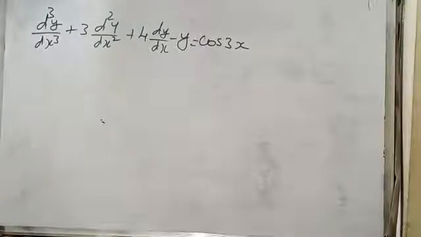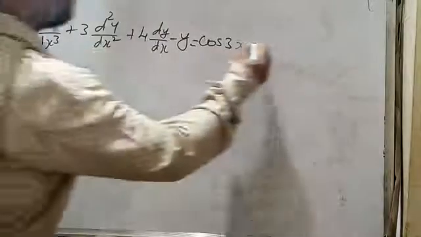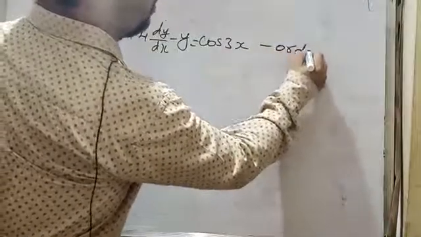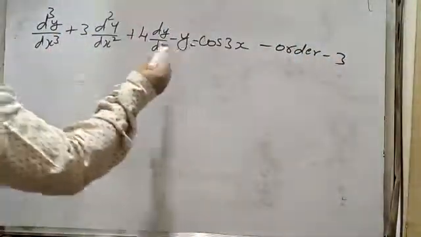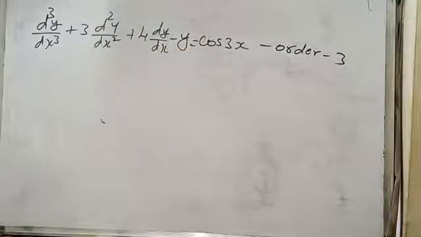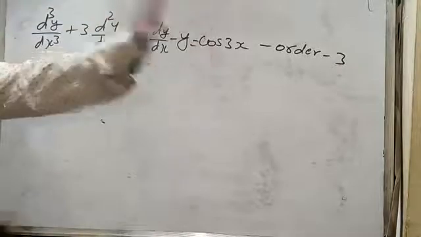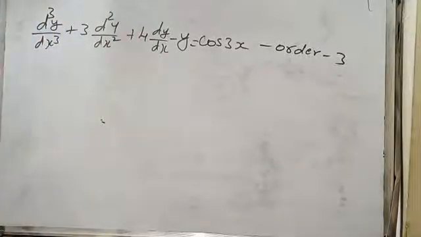The derivatives involved in it are its order. Order is 3. Why? Because that is the highest order, how many times it has been differentiated: 3 times, indirectly. So the highest is nothing but its order.